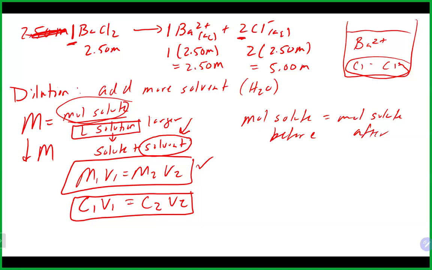But when you're using molarity and volume by itself, not in a dilution situation, you should always convert to liters. The M1 and V1 is usually before the dilution, and the M2V2 is usually after the dilution. Usually M1V1 is the more concentrated solution, and M2V2 is the more dilute solution.